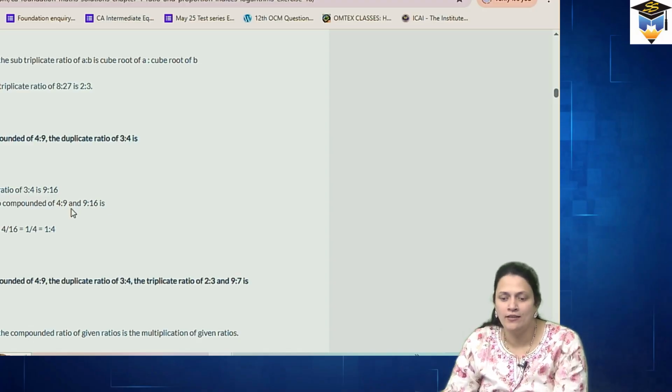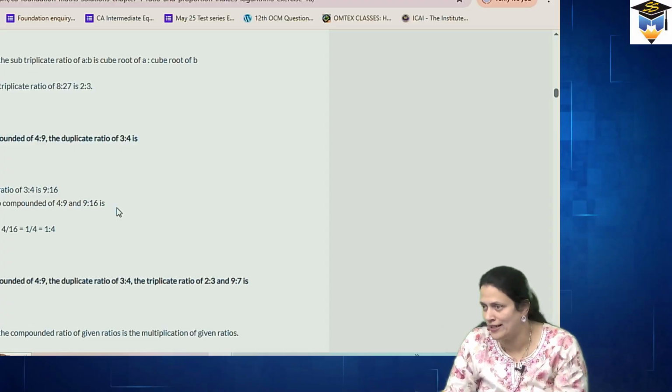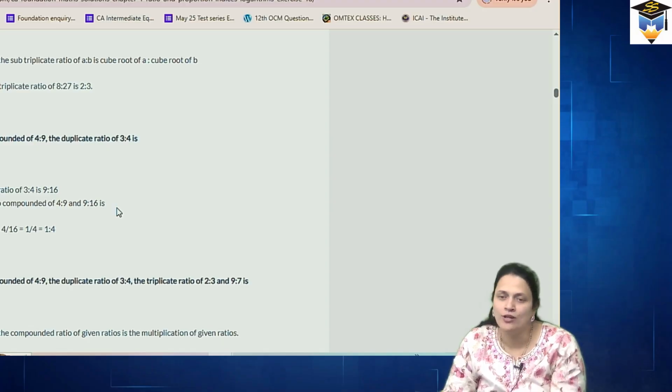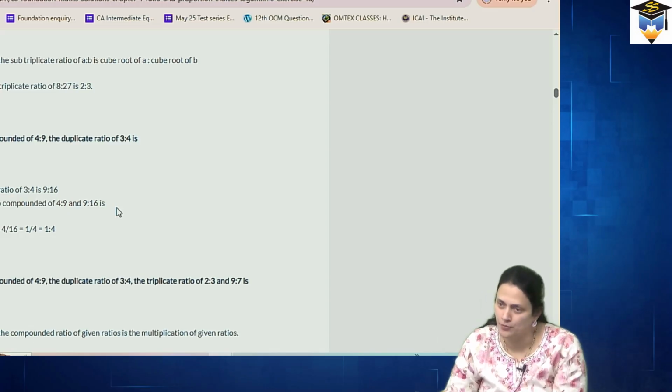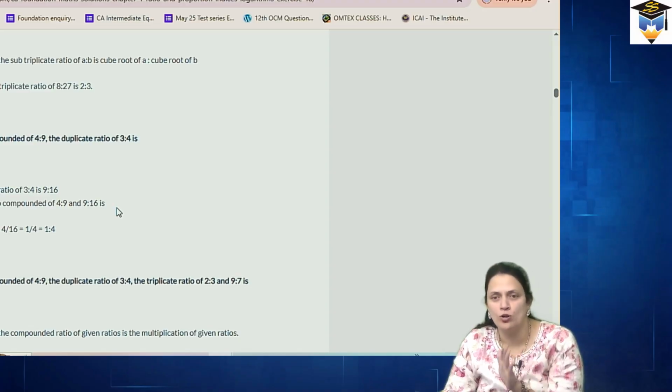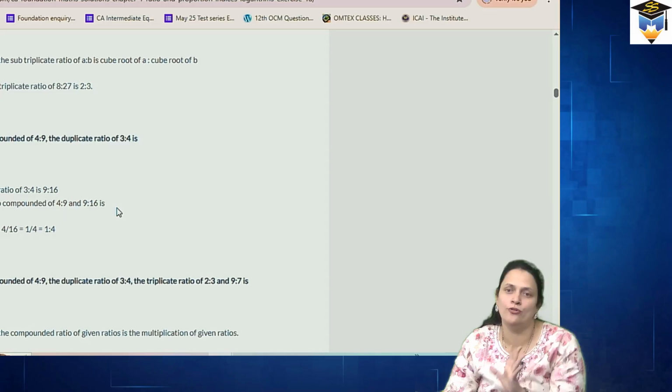So 4/9 and 9/16. You have to find out the compounded ratio of 4/9 and 9/16. When you compound, multiply it. So 4/9 into 9/16, answer is 4/16. Convert it to its lowest form. Answer is 1:4.